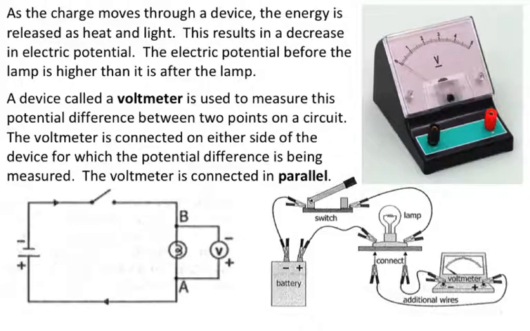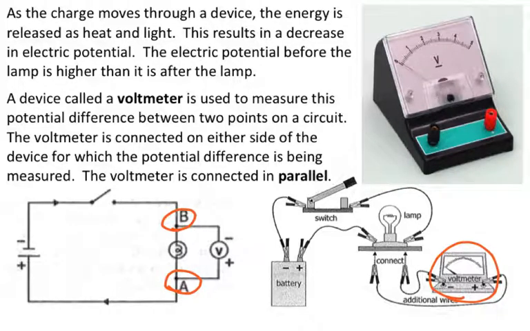So we've got the same circuit here, but now we have a voltmeter. A voltmeter measures the potential difference between 2 points. It measures the voltage. A voltmeter always has to be connected across a device. So in the schematic, we would have one connection on one side of the lamp, one connection on the other side.